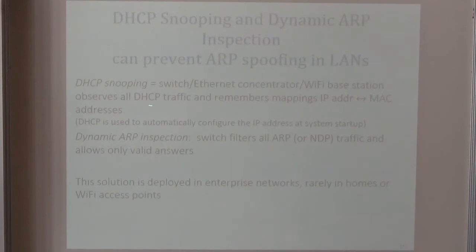And this will be particularly easy to do if we use DHCP, that we will see in a second. DHCP is a method by which we allocate the IP addresses.